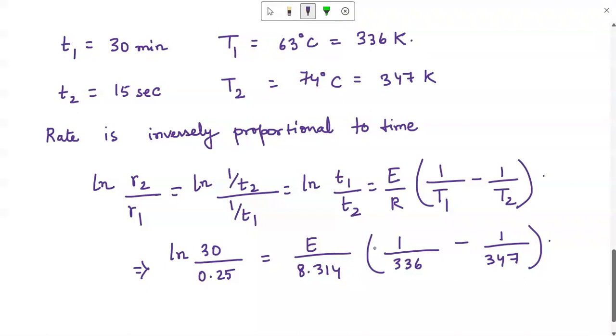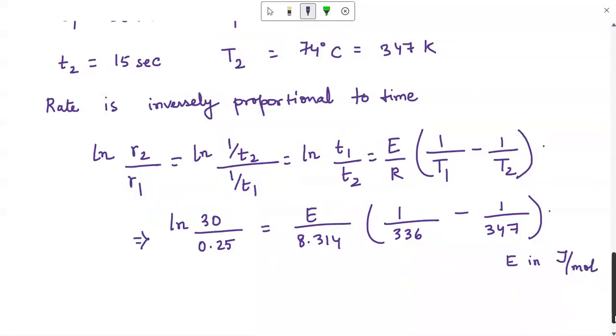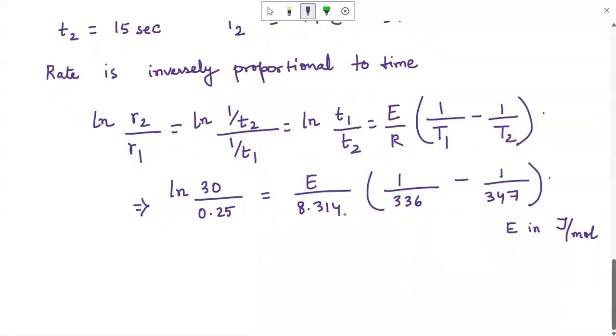Here I have made sure that all the units agree, such that we finally obtain E in joule per mole. Okay, so I have taken care of that, and accordingly I have put all the values. So if you solve this, you will finally get E equals 4,22,000 joule per mole.